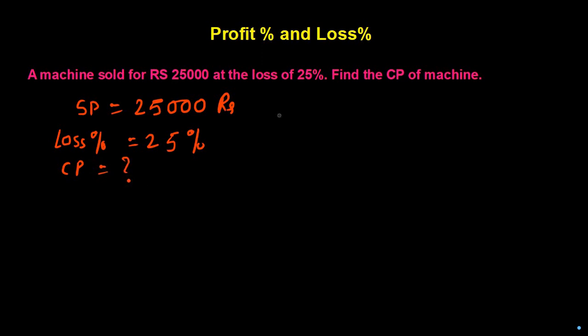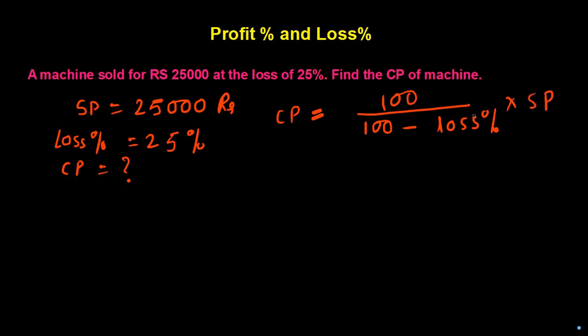What is the formula? You remember? So CP is equal to 100 upon 100 minus loss percentage times SP. It is loss, no? This is the formula. Let's place the values.